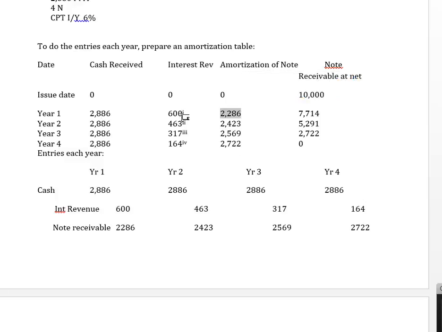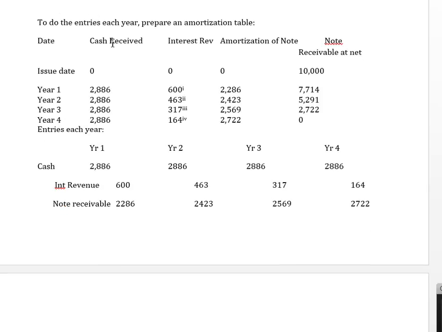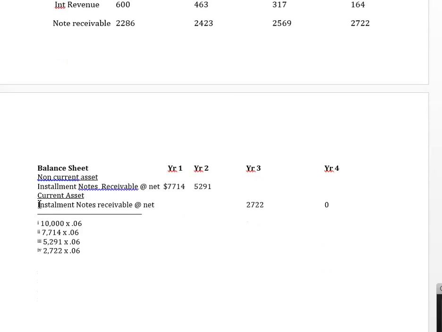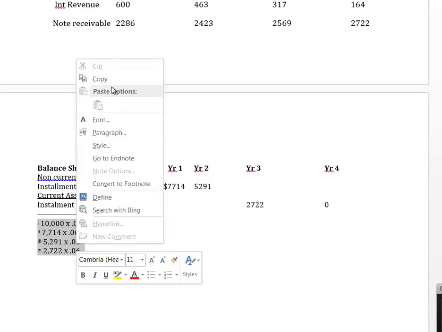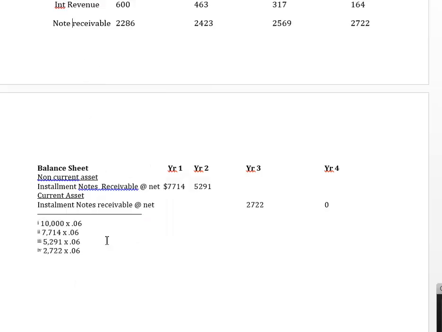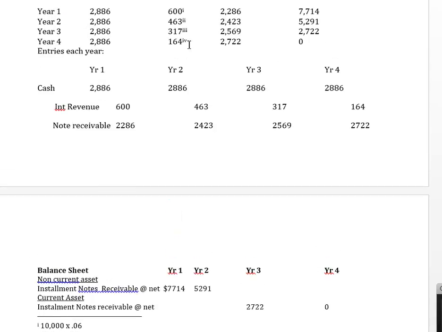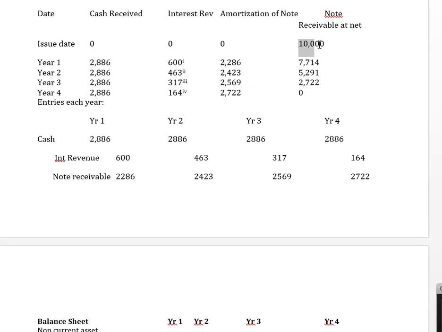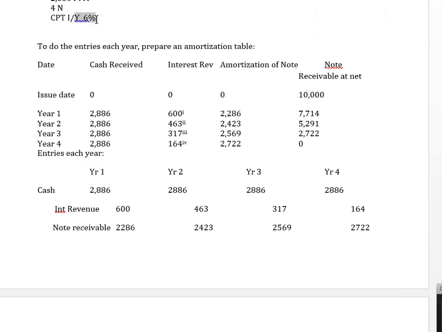In order for me to calculate this, you'll see I have a little number 1 here. What I've done is I've used this interest rate of 6% to help me calculate the interest. You'll notice that every time I'm calculating my interest, it's going to be the note receivable at its net value at the opening of year one times the 6% that I calculated here, which in the first year gives me $600.